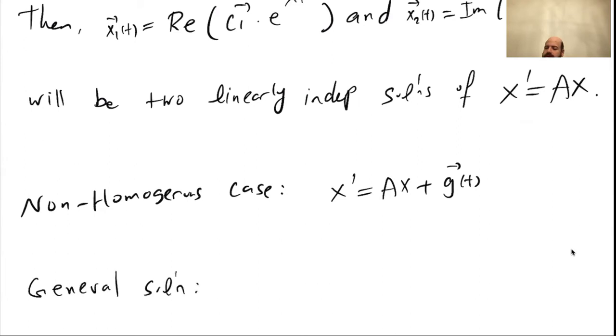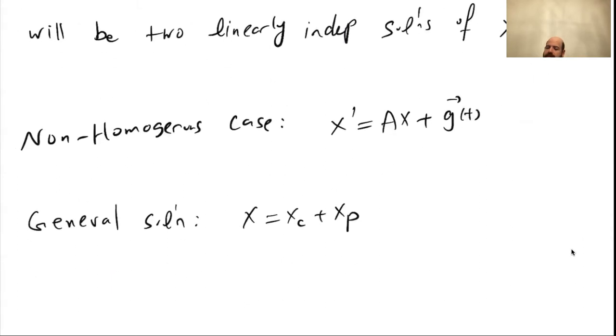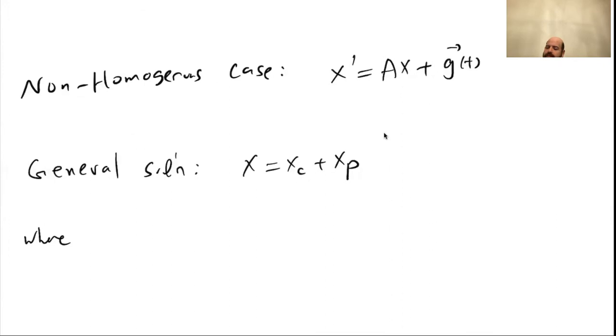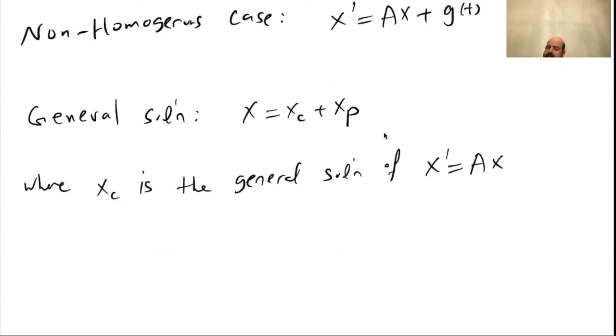The general solution again can be written as x equals xc plus xp, where xc, or the complementary part, is the general solution of the homogeneous system x prime equals Ax. And what about xp? xp is a particular solution.